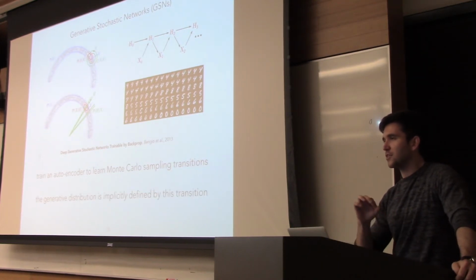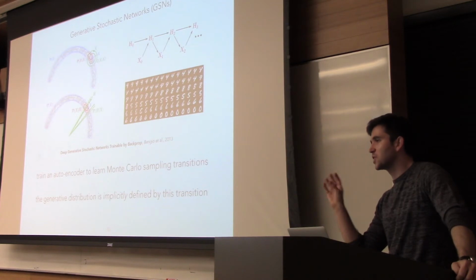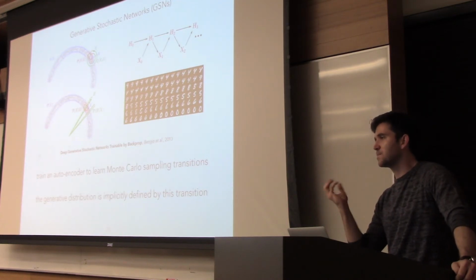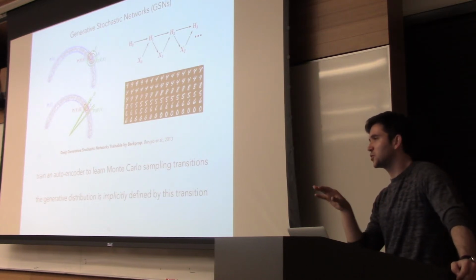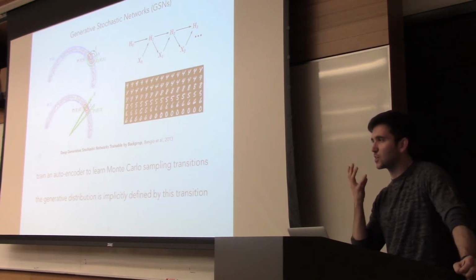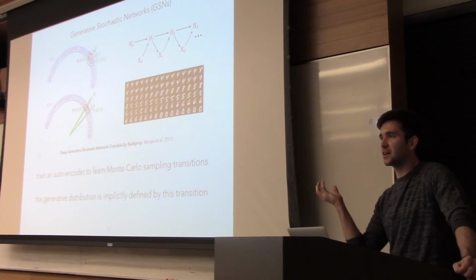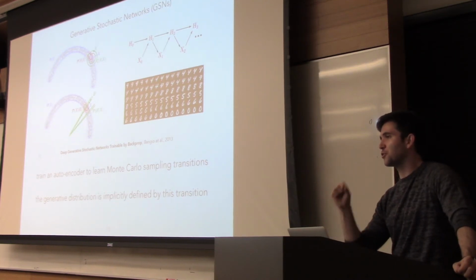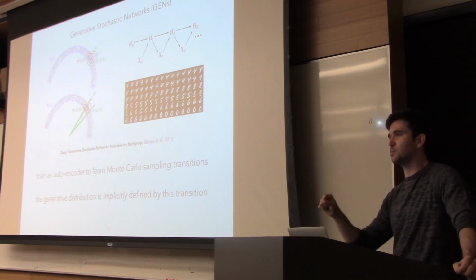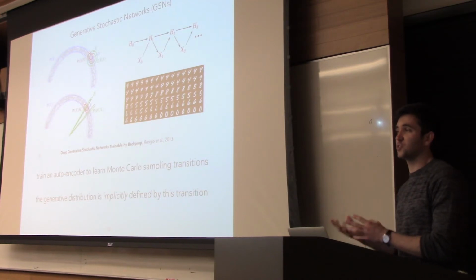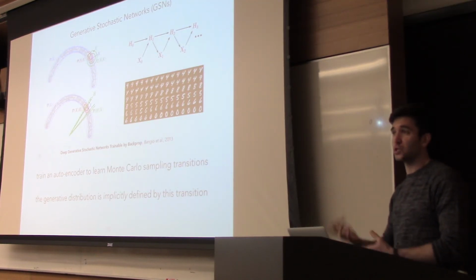The autoencoder here is implicitly defining how the distribution is defined. There's no place where you're saying there's an explicit probability of the data. It's just that you've learned a model that can make jumps in this data space that look somewhat similar to the true data distribution.